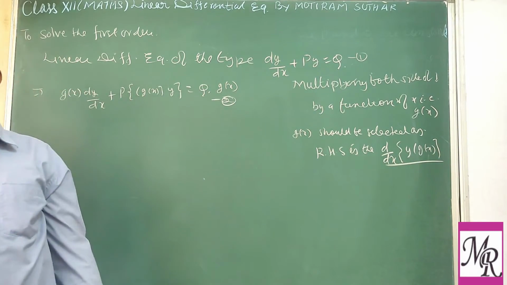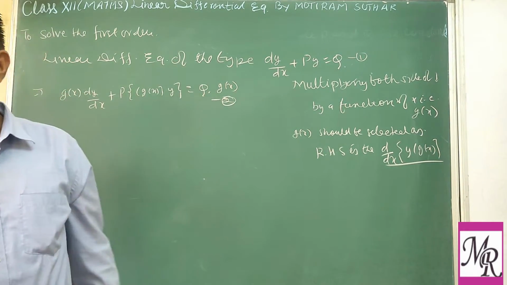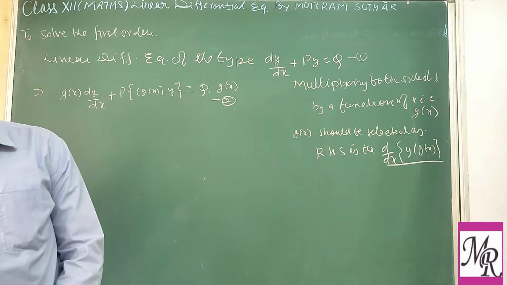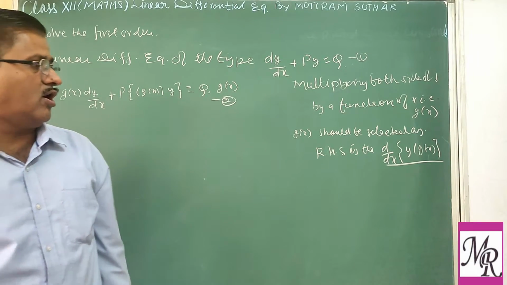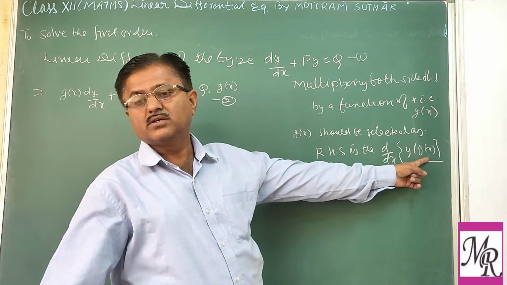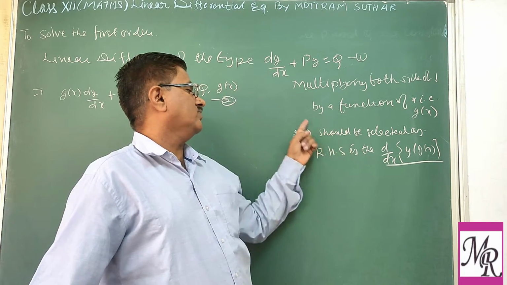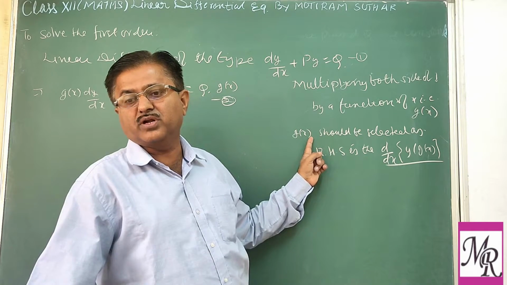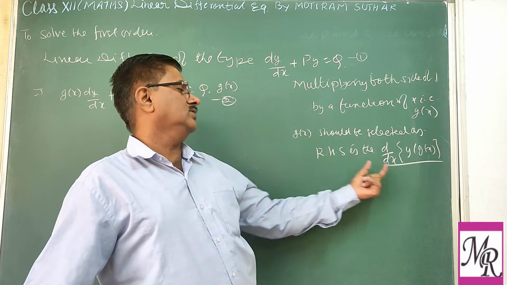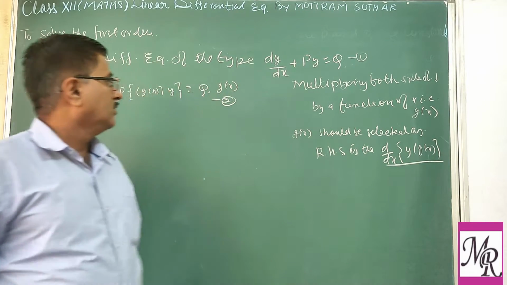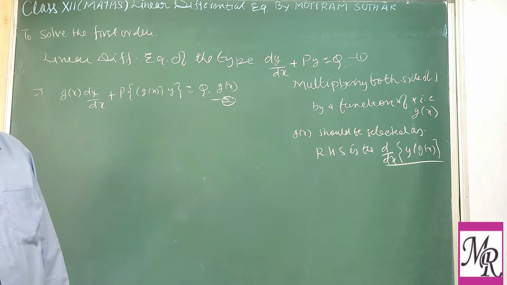We have to select the function g(x) in such a way that the left hand side of the equation should be the derivative of y into g(x). So this selection is very important, which function we are taking as g(x). Clear?